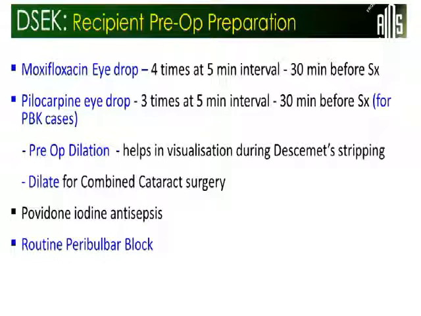We give some antibiotic drops. Pilocarpine, in plain PBK cases, you can use pilocarpine, but some surgeons dilate the pupil because with retro-illumination, if you have a relatively better cornea, you can have a glow and a very good descemetorhexis. Dilate for all combined cases, with povidone-iodine antisepsis, and routinely we operate under peribulbar anesthesia.